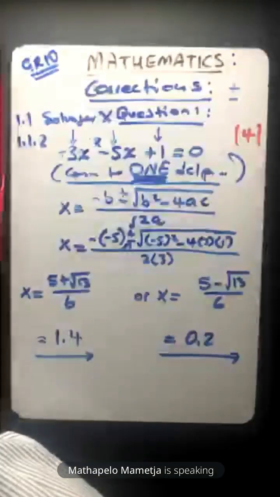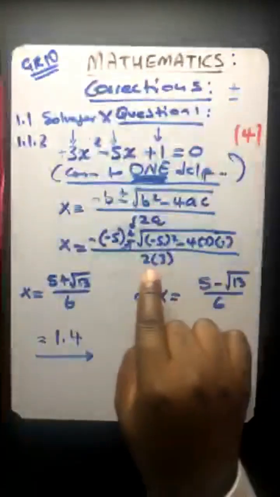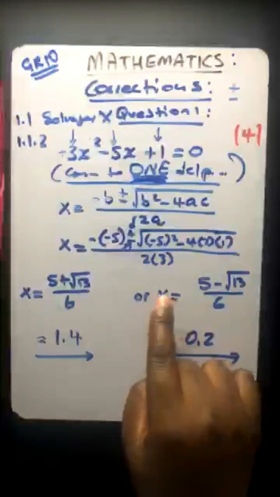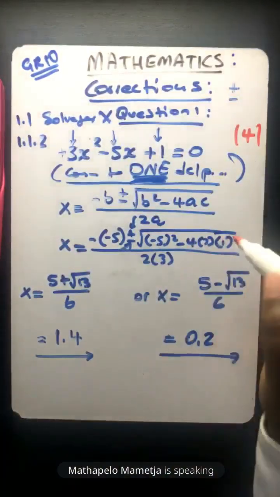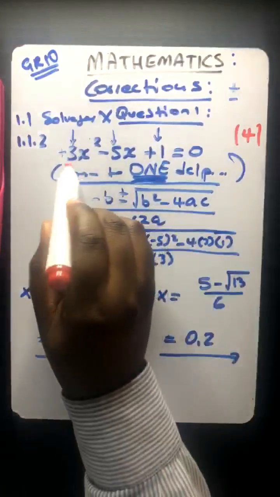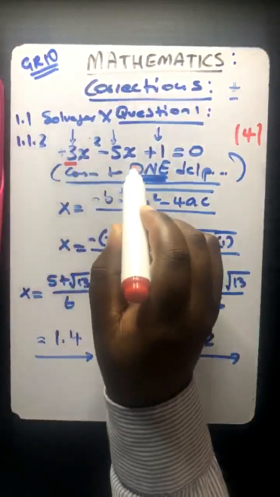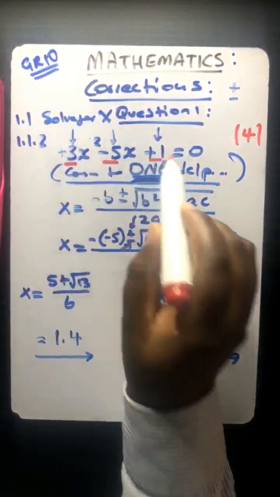Negative 5. Negative into negative 5. Okay. Maybe let me say this one is our A, it's positive 3. This is our B, it's negative 5. This is our C, it's positive 1.